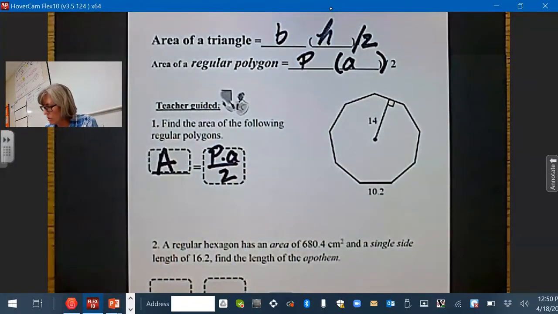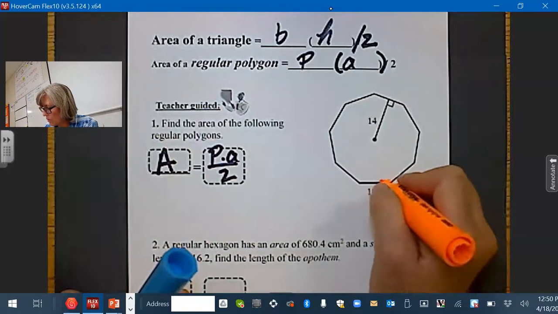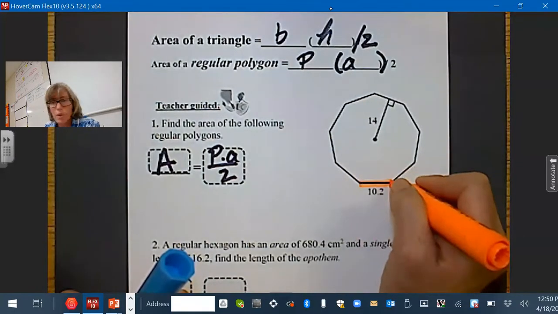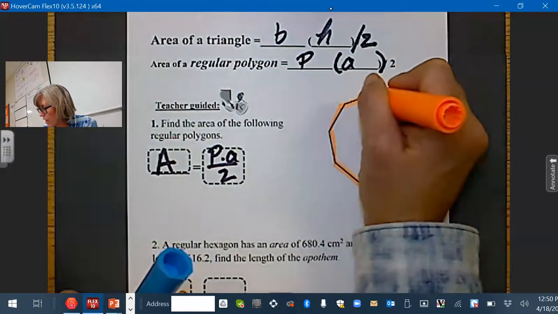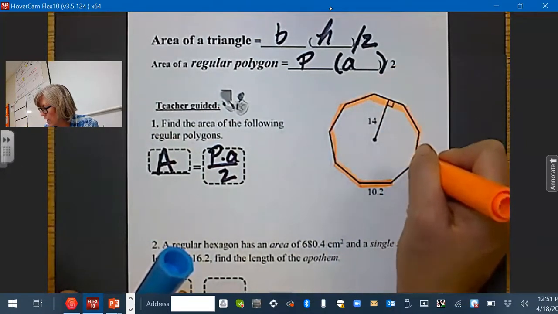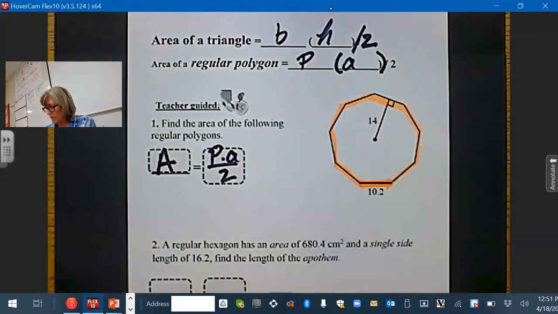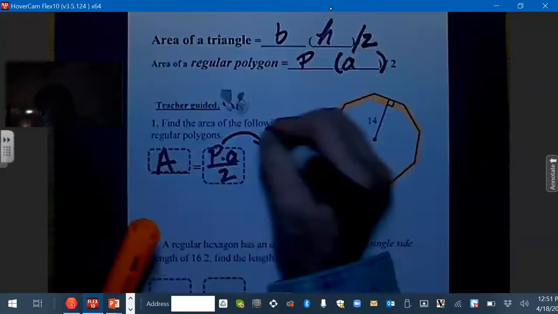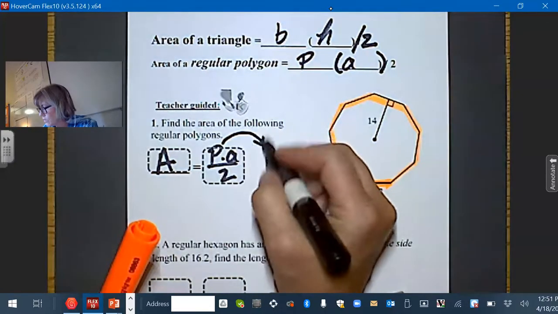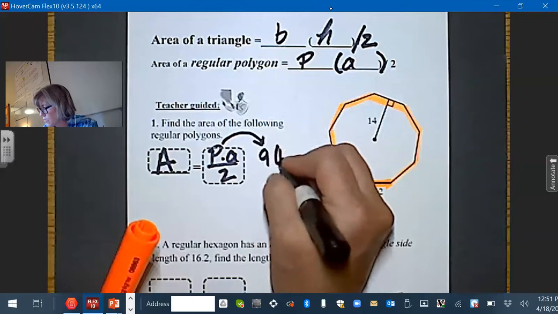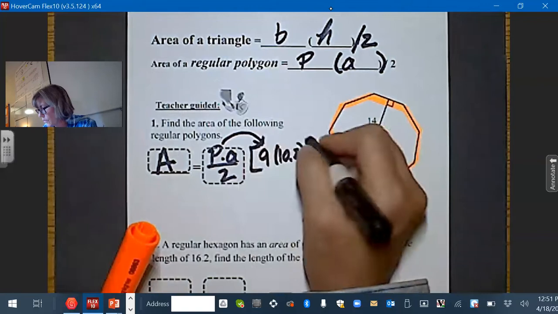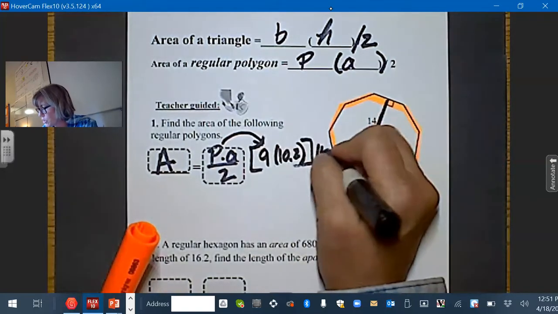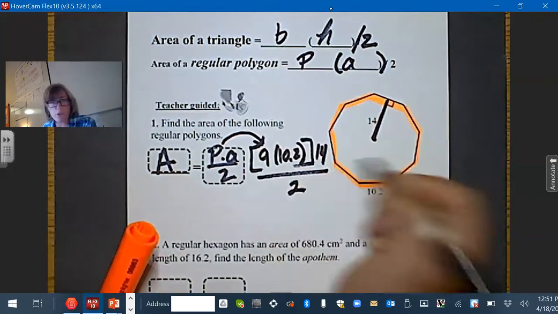And in this equation, our perimeter, it's 10.2 times 1, 2, 3, 4, 5, 6, 7, 8, 9. So our perimeter is going to be 9 sides times 10.2, that's our perimeter, times our apothem, which is 14 over 2.